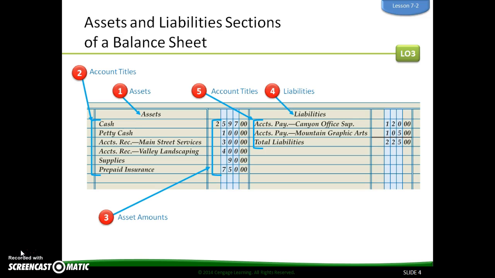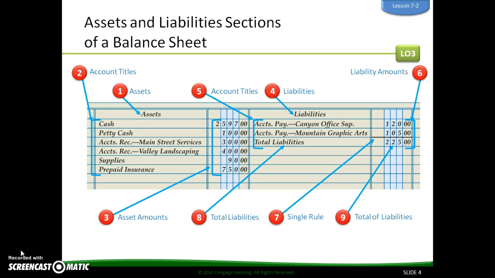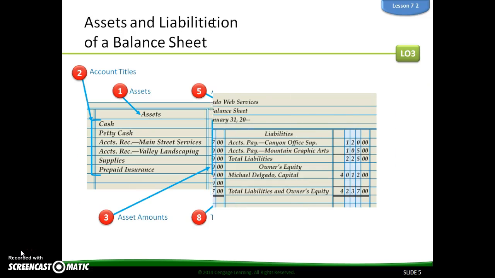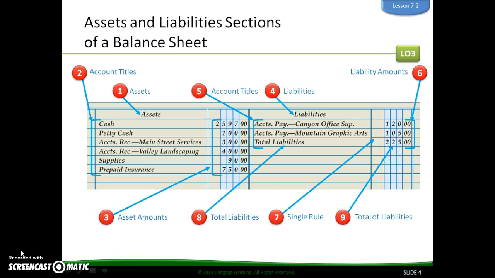These are specific report requirements so that any single person looking at this balance sheet understands what information is being reported. So where it's talking about making sure you have a single rule and making sure that you total things up, you want to definitely make sure that you're following those rules.